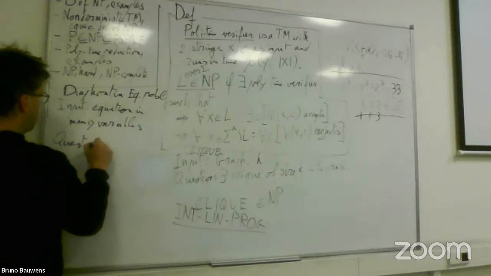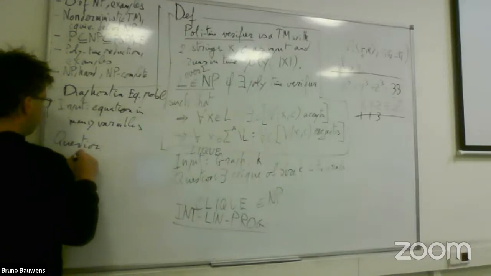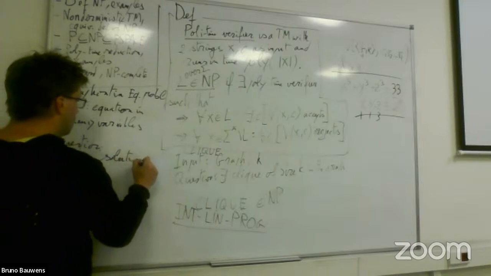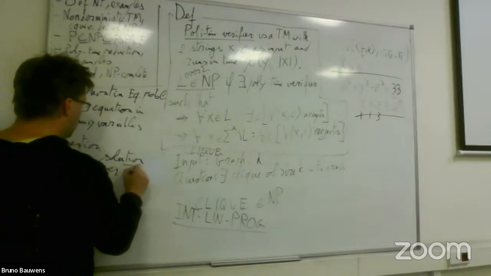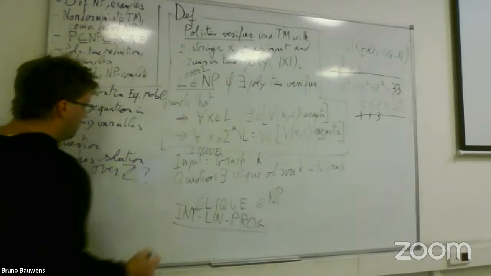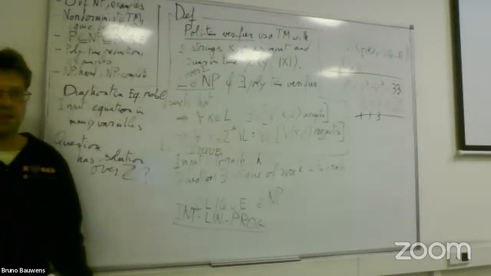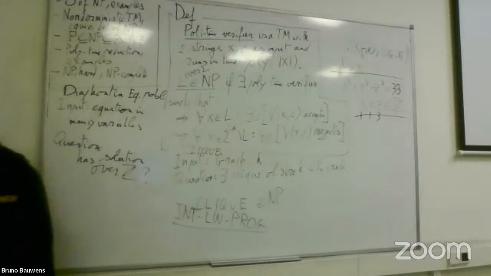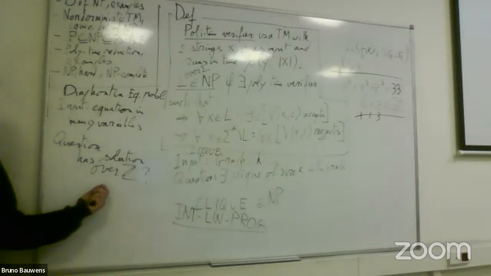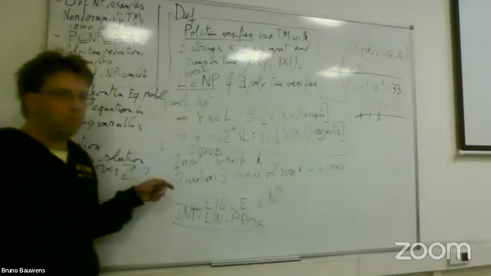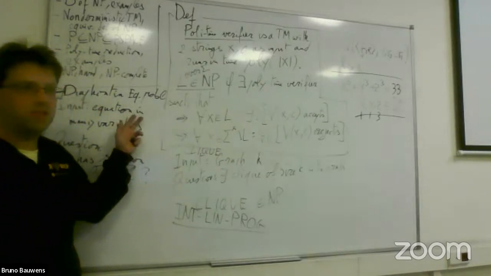Question: does it have a solution over Z? Okay. And so I claimed, and so there is a famous guy, Matiyasevich, who proved that this problem is undecidable. But many people think that this problem is in NP.